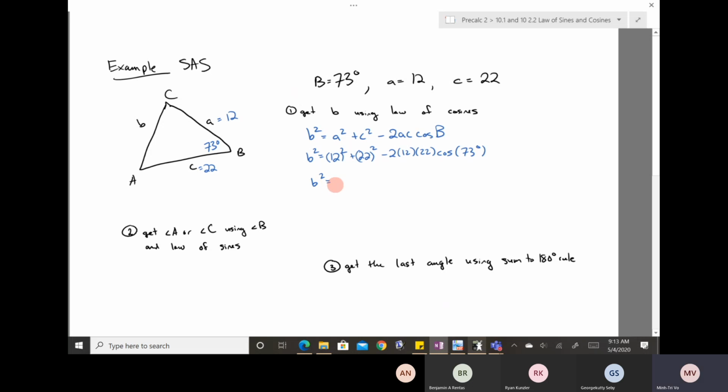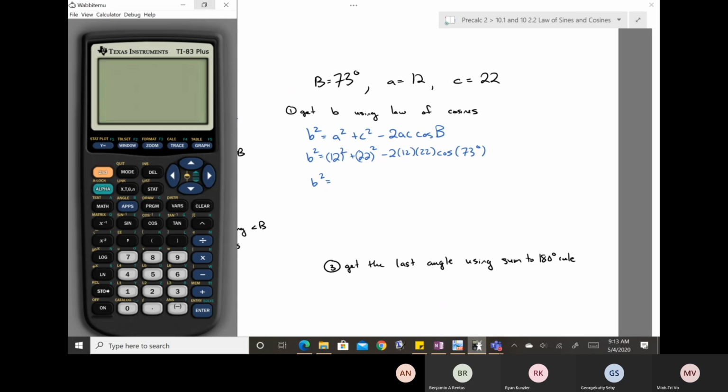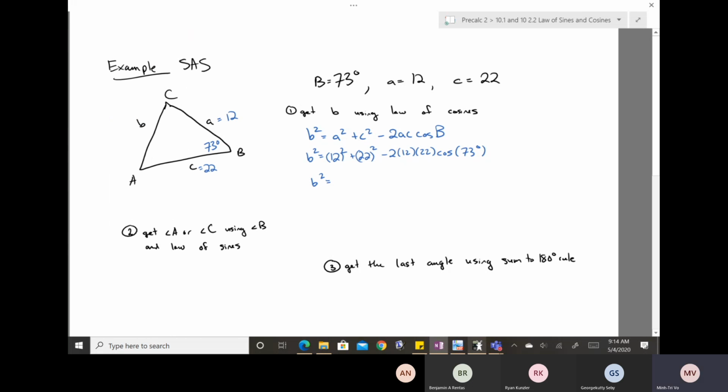So B squared is equal to 12 squared plus 22 squared minus 2 times 12 times 22 times cosine 73. So that's about 4073.63.